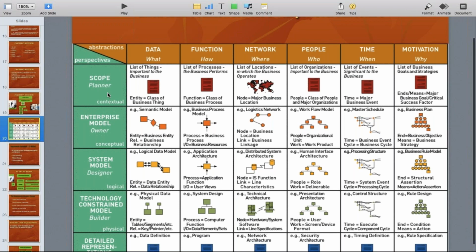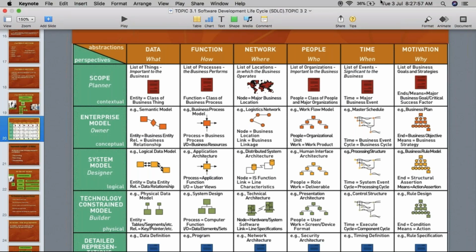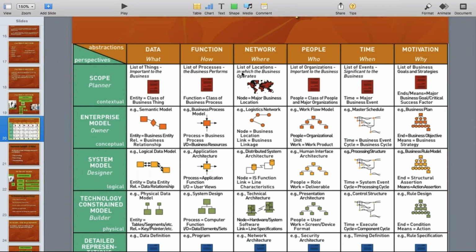Look at this, the scope planner on the top. If you see the abstractions and perspectives: what, how, where, who, when, and why. For what we have data, how is function, where means network, who means people, when means time, why means motivation, that is the purpose.